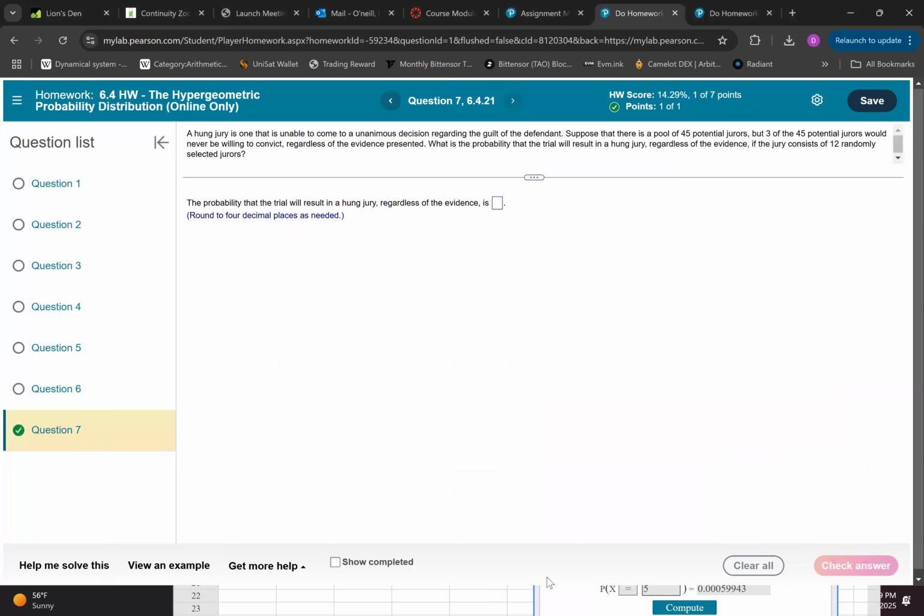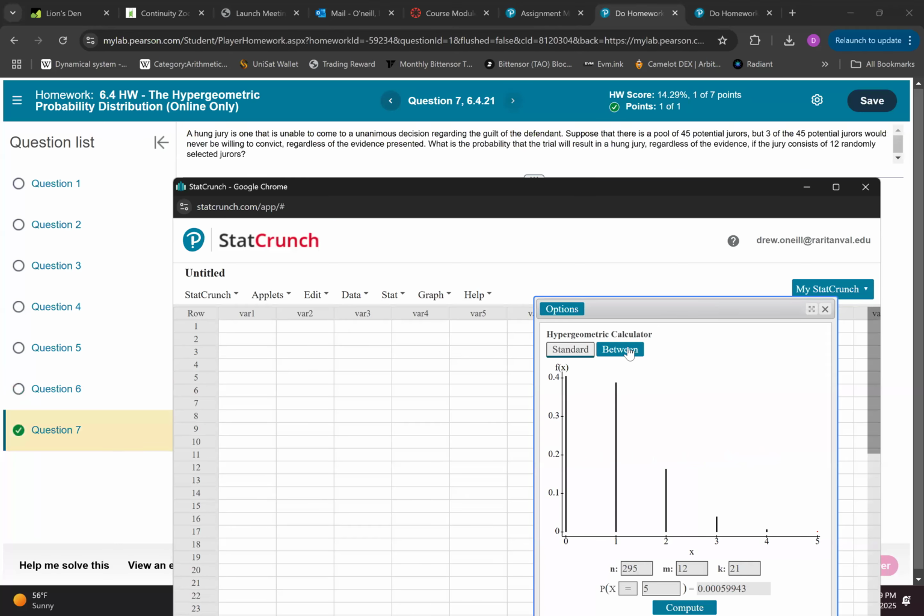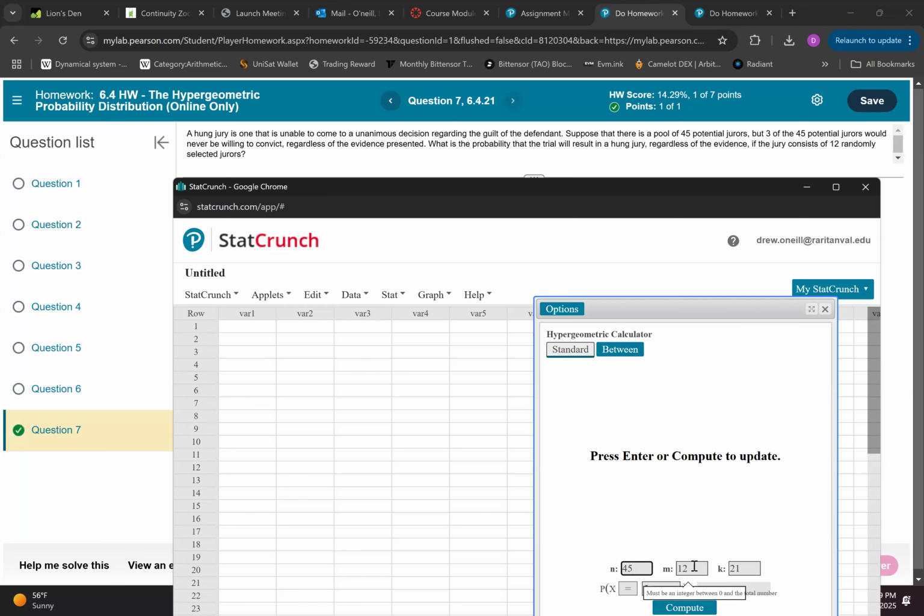Same idea here. We have a potential juror pool of 45, so that's our big number. Three of the 45 are potential jurors who would never be willing to convict a person. If you want to see a good movie, check out Juror Number Two.